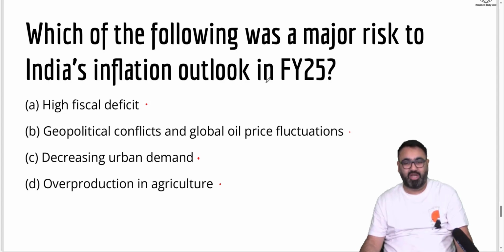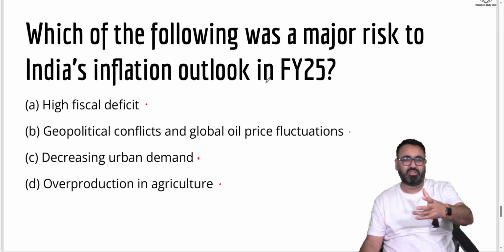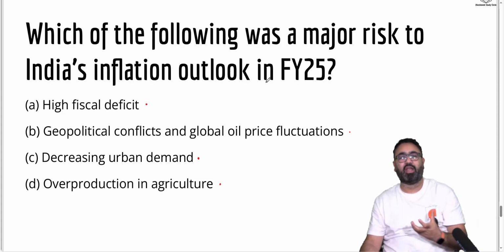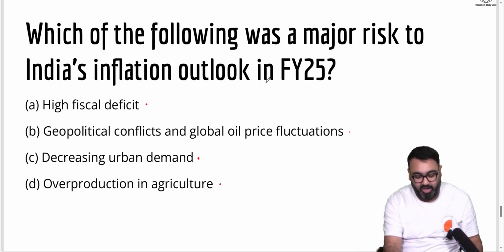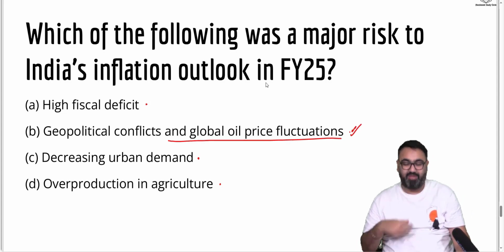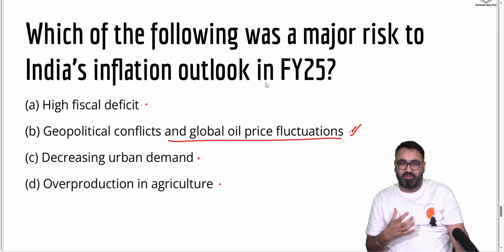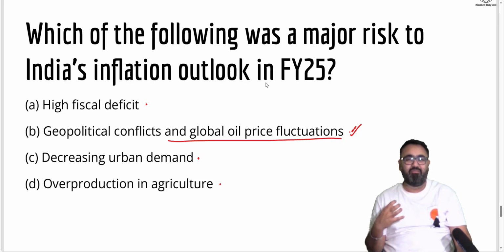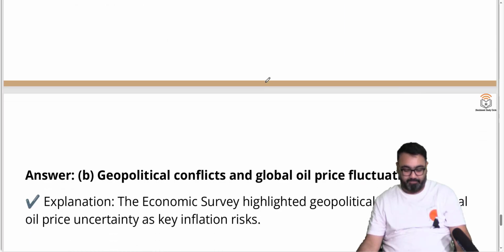Major risk to our inflation outlook means the projection of inflation that we had, what can put it at risk, what is something that is outside our control, that is geopolitical conflict and global oil price fluctuation. We don't have any control over it. So if something like this happens, or the war or the conflicts continue, it might have an impact in the long run, and inflation targeting may go haywire. That is why the answer here is B.